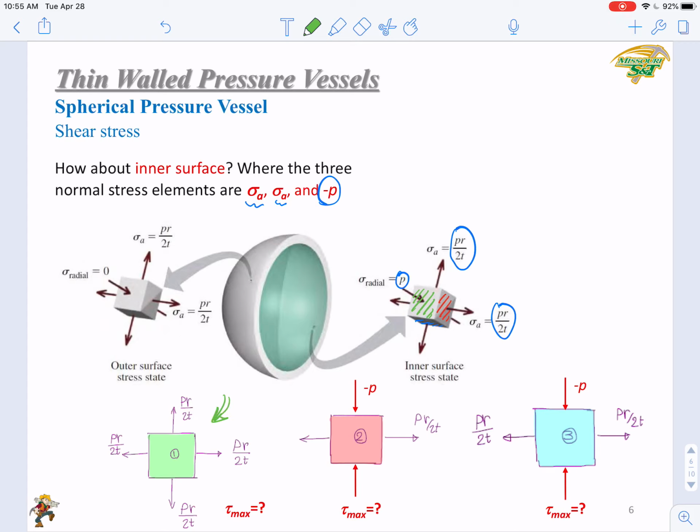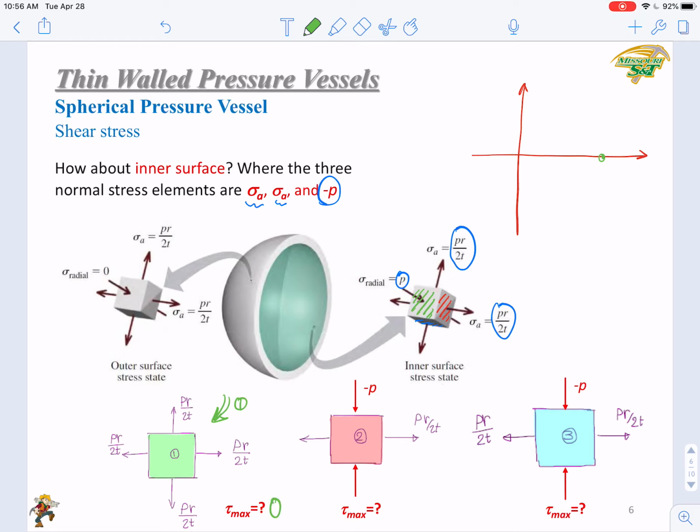Let's draw the Mohr circle. In case 1, you have the first point, PR over 2T, 0. Second point, PR over 2T, 0. Again, it's just a point. This is the Mohr circle, so the tau max equals 0.